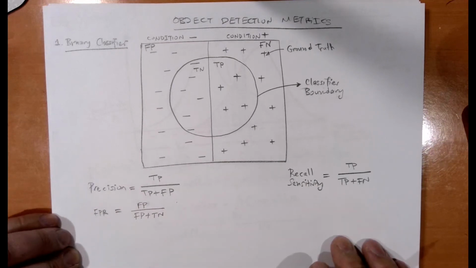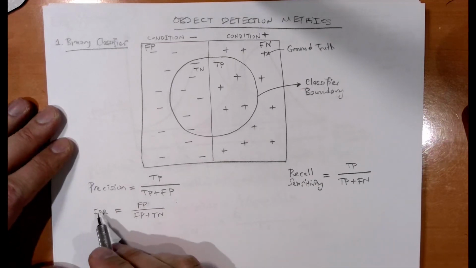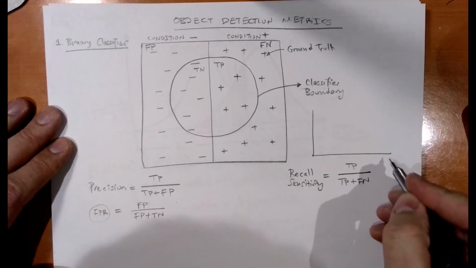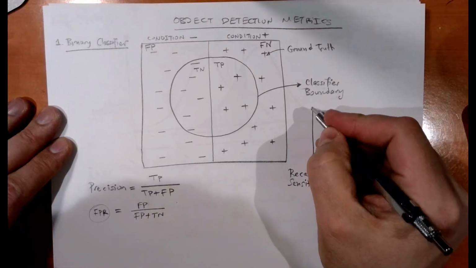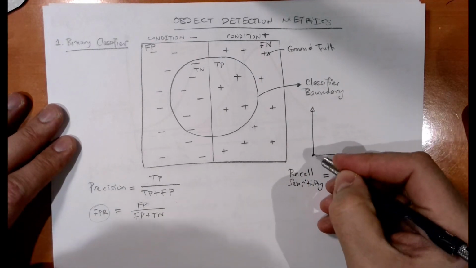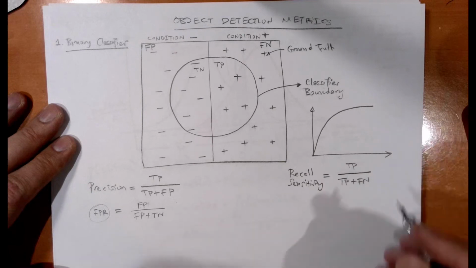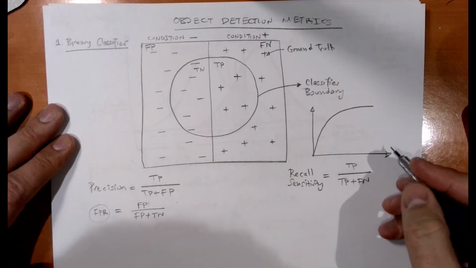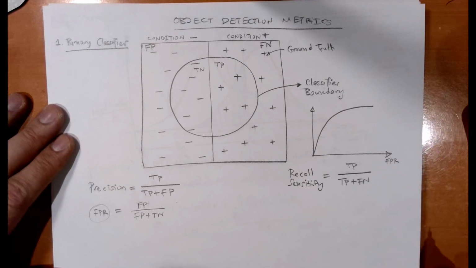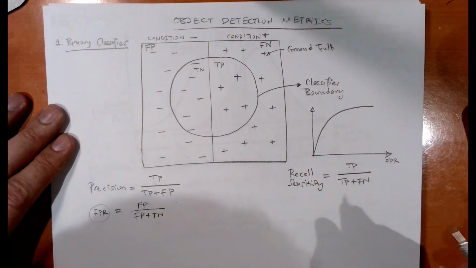And we can also associate these two with a curve that we will call the receiver operating curve. The receiver operating curve is the curve that relates the false positive rate, or false alarm probability, with the recall.